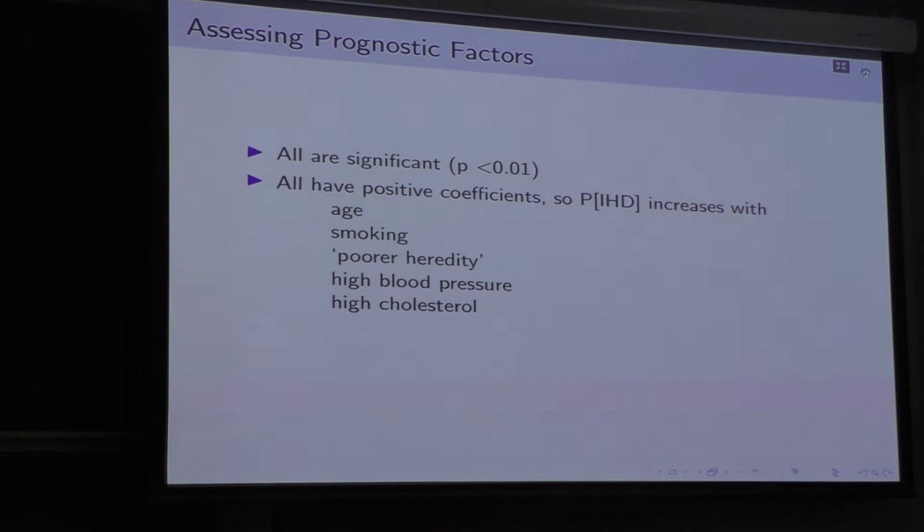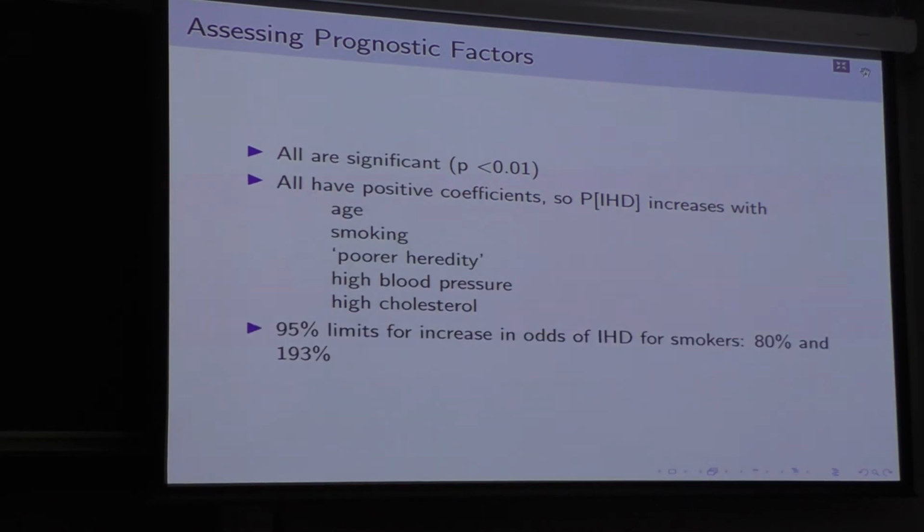And you can just report those, or you can report exp of things. So if you do a similar calculation to the one I've just shown you, here's another one so you can check for yourself that you're doing it right. This is the increase in odds of getting heart disease for smokers, presumably as opposed to non-smokers, is somewhere between 80 and 193%.